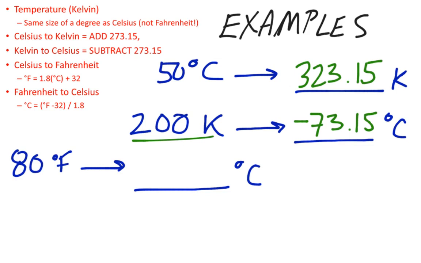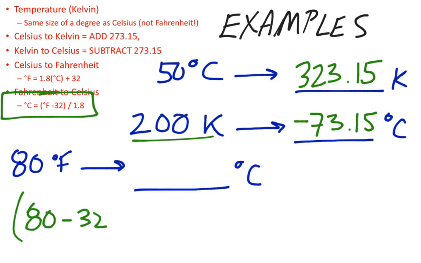These processes are very simple. The opposite is true when we're talking about Fahrenheit to Celsius. If we're going to go Fahrenheit to Celsius, we're going to use this bottom equation over here. We're going to take the Fahrenheit temperature, 80 degrees, and we're going to subtract 32 from it immediately. 80 minus 32 gives us a value of 48.